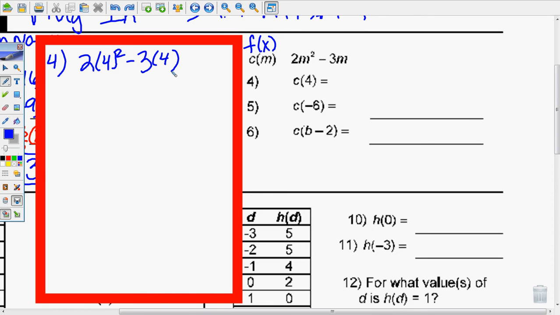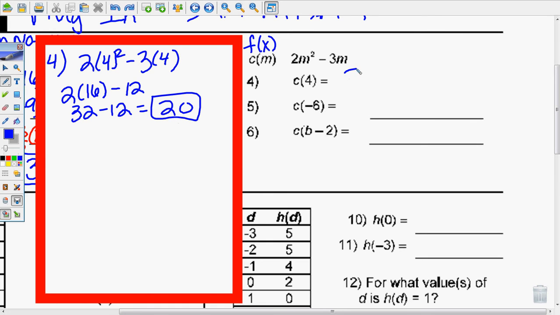PEMDAS tells me I do my exponents first, right? So 4 squared is 16. And 2 times 16 is 32. 32 minus 12 equals 20. So we should have gotten 20 for number 4.